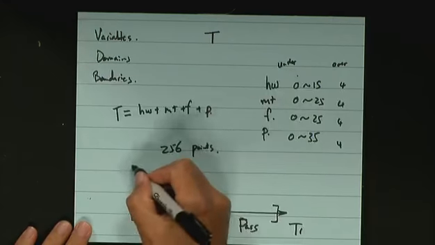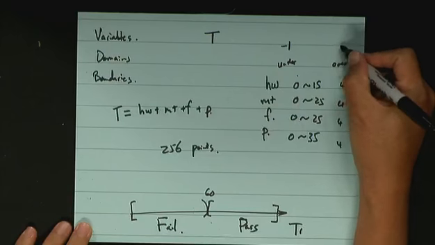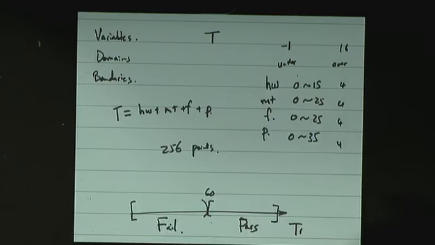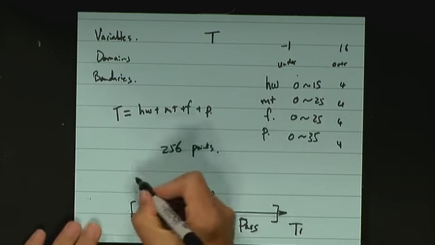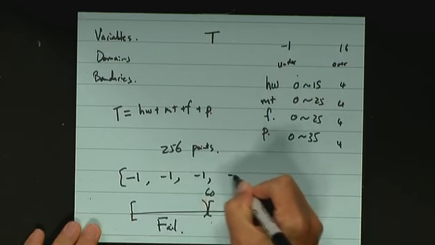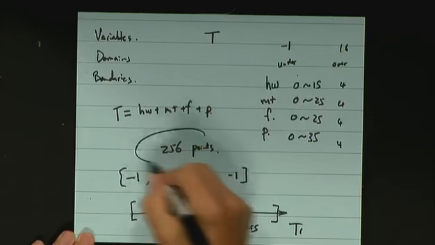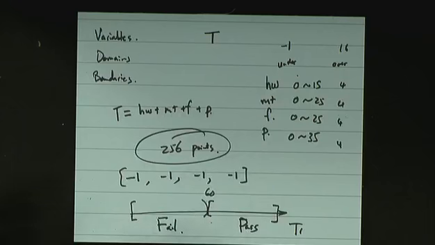For example, for under you can use -1, for over you can use 16, 26, 36, and so on. So you have -1, -1, -1, -1, that's under. You can state how you get these 256 such points and illustrate them with a few of the numbers.